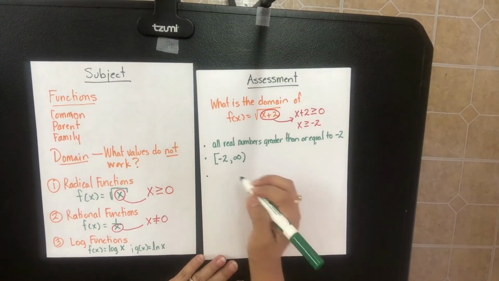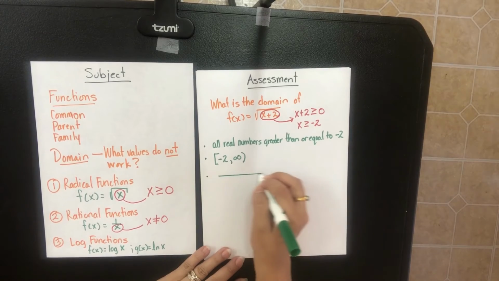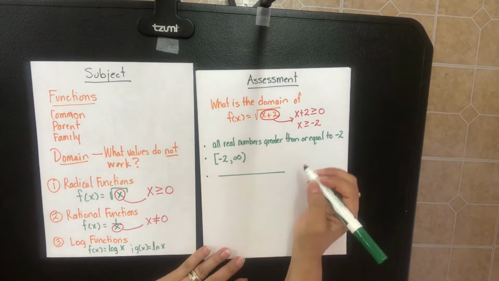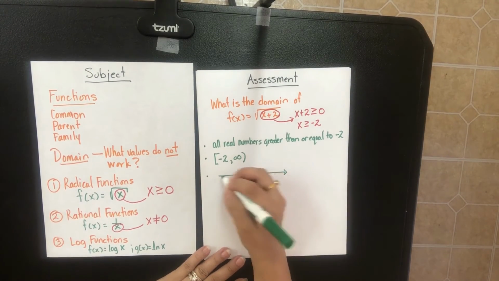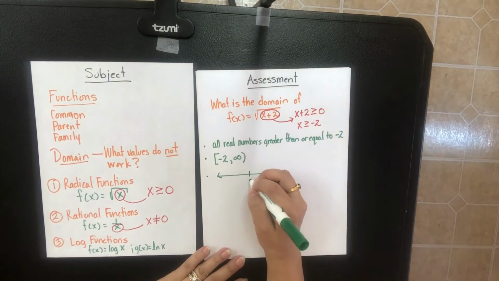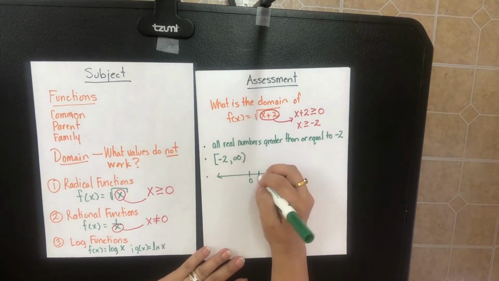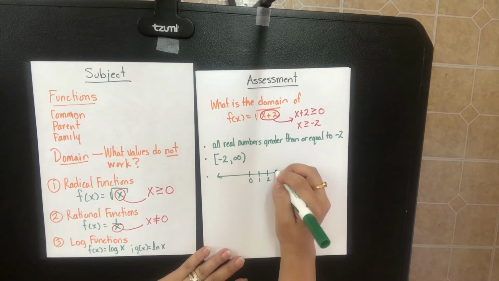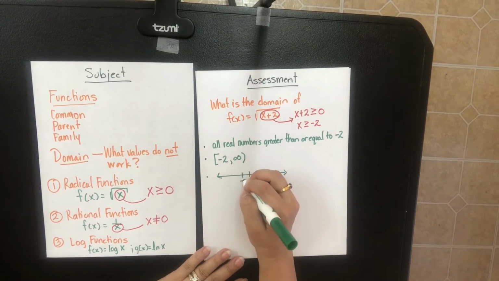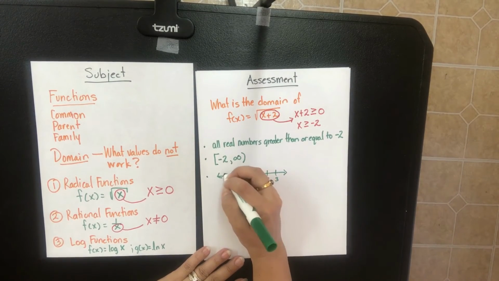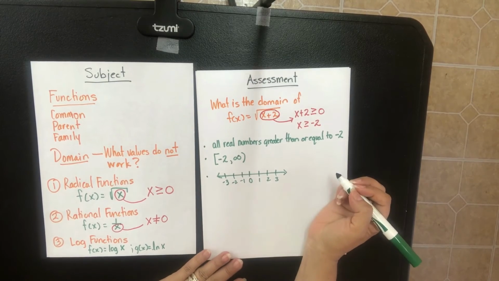Using the number line, which I like to use all the time because it would help me even write the interval, I always try to find 0. I have 1, 2, 3, -1, -2, -3. Show my integers there.